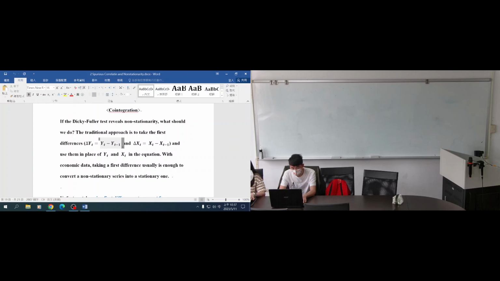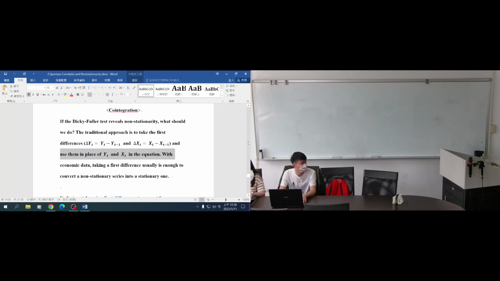Okay, let's see. If we find the time series is non-stationary, usually the traditional approach is to take the difference. So what does take the difference mean? What does the first difference mean?